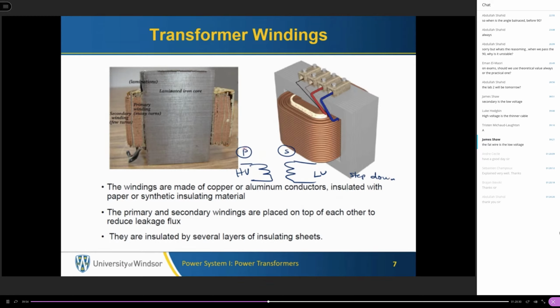But if this is the secondary and this is the primary, then this is a step up transformer, because the primary here is the low voltage and the secondary is the high voltage.